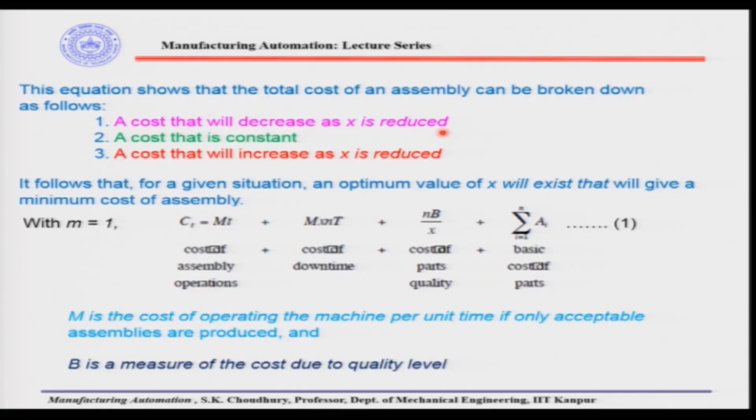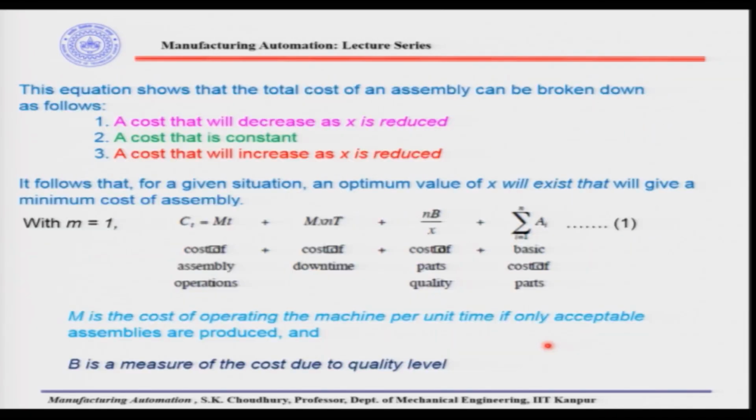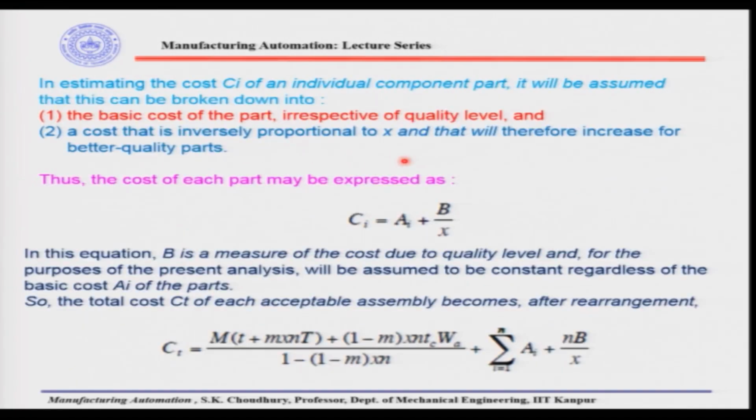Now, this equation shows a cost that will decrease as x is reduced, a cost that is constant, and a cost that will increase as x is reduced. Here, for example, if x is reduced, cost is reduced. If x is reduced, nothing happens to this one because it is constant, it is a raw material. If x is reduced, this one will be higher.